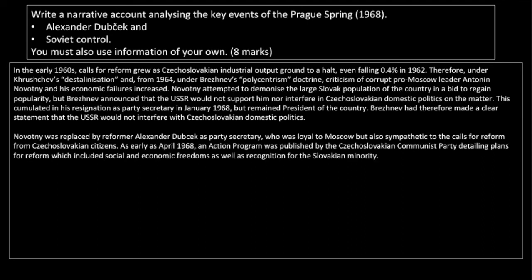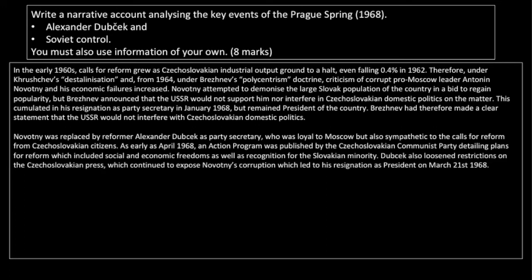As early as April 1968, an action program was published by the Czechoslovakian Communist Party detailing plans for reform, which included social and economic freedoms, as well as recognition for the Slovakian minority. Dubček also loosened restrictions on the Czechoslovakian press, which continued to expose Novotny's corruption, which led to his resignation as president on March 21, 1968. He was replaced by reformist General Ludvík Svoboda.